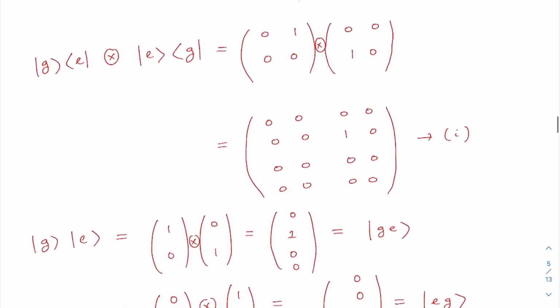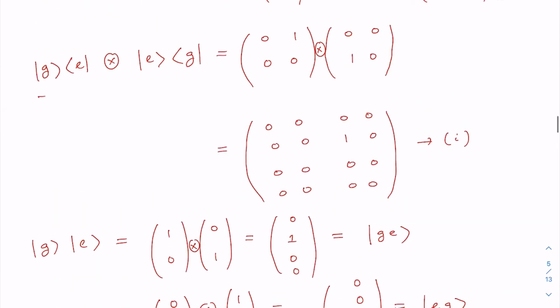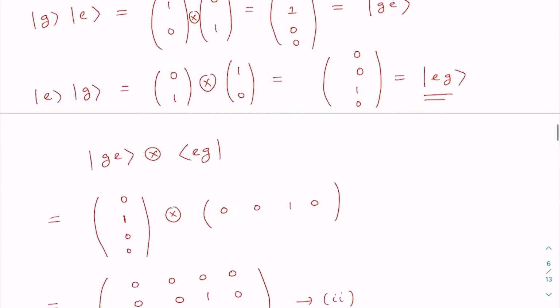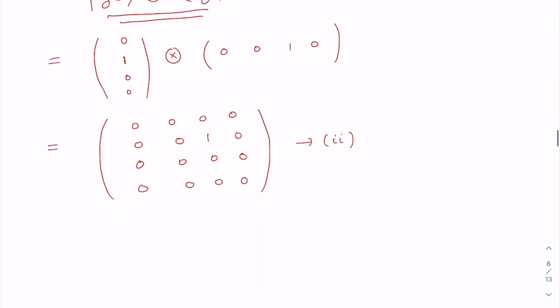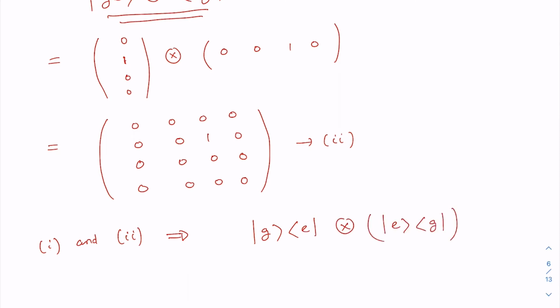So if I compare 1 and 2, this is 1, and this is my 2. If we compare both sides, both the expressions 1 and 2 imply that ket 0 bra 1 tensor product with ket 1 bra 0, we can write it as ket 01 bra 10.